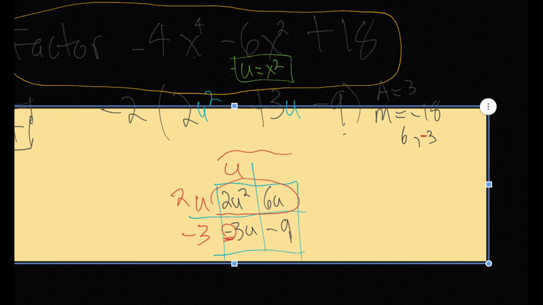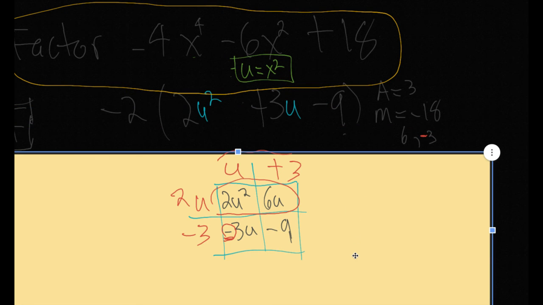And then I've got 6u divided by 2u, which will be plus 3. So then a factored form for this will be 2u minus 3 multiplied by u plus 3.